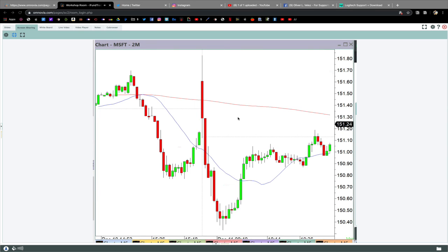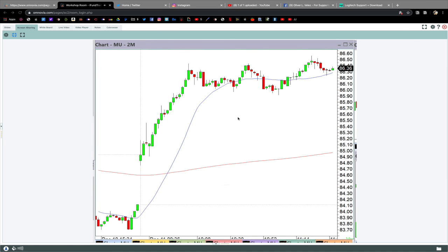Do these things make sense? Are you picking up what I'm laying down here? All right. Guys, you've got to have your scenarios, the scenarios that you play, already done. And the game becomes just waiting for your scenarios to play out. Topping tail bar takeout near the 200.